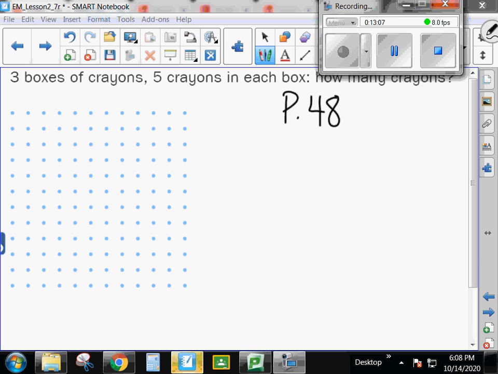So here's what I mean. The very first one, number 1: there are 3 boxes of crayons with 5 crayons in each box. So how many crayons are there? I want you to represent that problem on this dot paper.